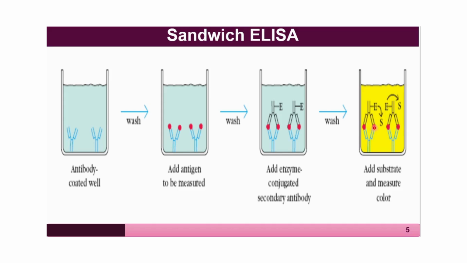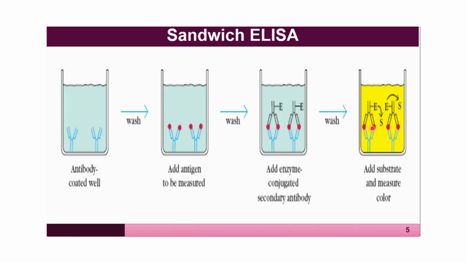So this is how one can detect the antibody in a patient's serum against a particular antigen. Since the antigen is sandwiched between two antibody molecules at the FAB site, this assay is called sandwich ELISA.